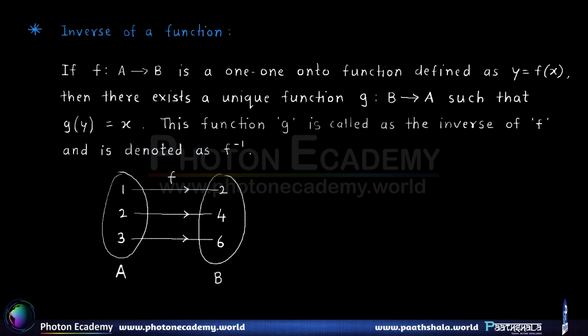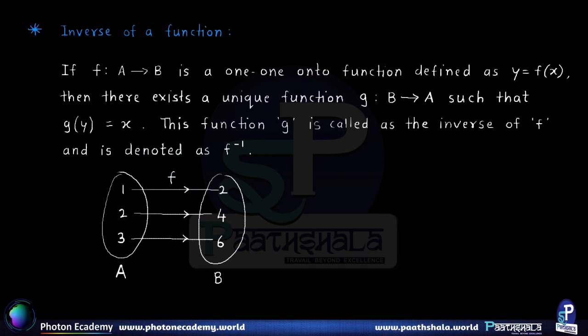Now if you observe, this particular function is one-one because we have a one-to-one relationship, as well as it is onto because all the elements in the second set have a pre-image in set A. Now this function f satisfies the condition mentioned in the definition of the inverse.